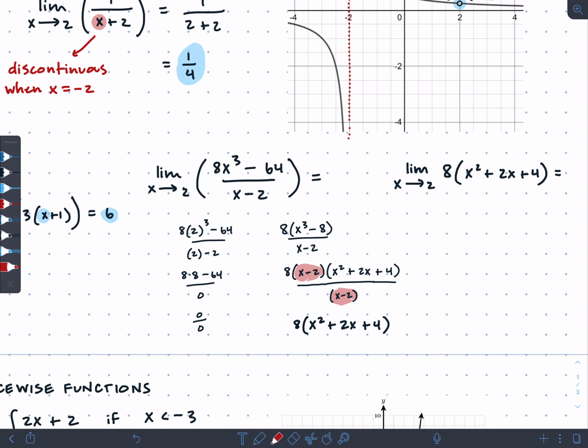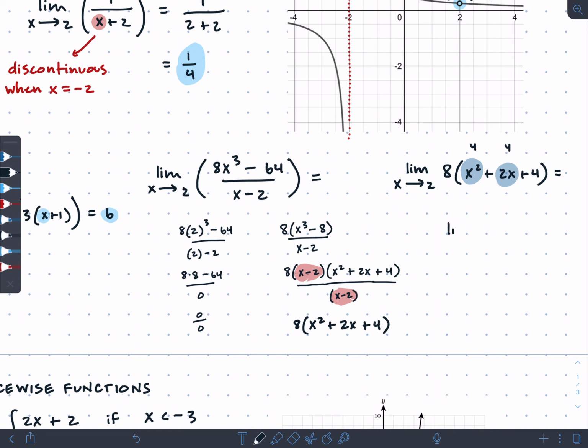So I'm going to kind of do some mental math here. Let's see. So 2 squared is 4. Two times 2 is 4. And this gets me 12 times 8. So 12 times 8 is 96, I believe. Yeah.